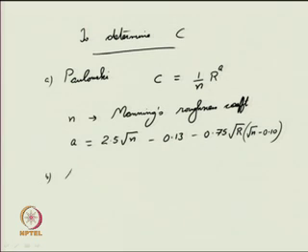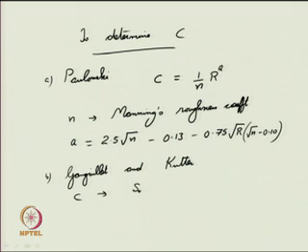Another, two scientists, Ganguillet and Kutter, developed a relationship for C, relating it to your bed slope, roughness coefficient, and hydraulic radius.